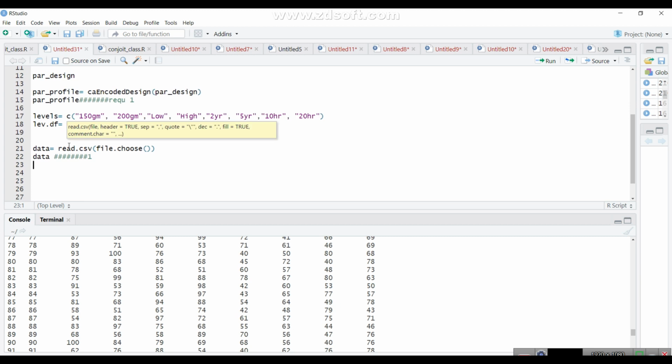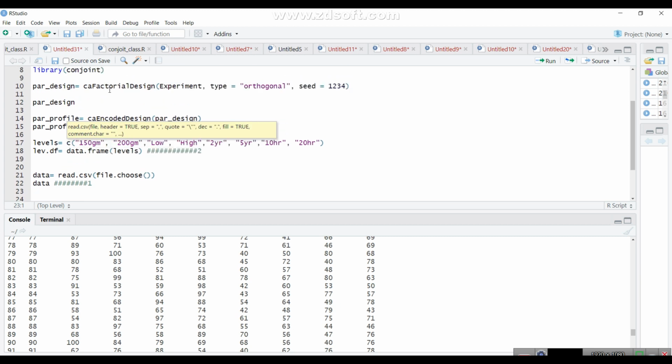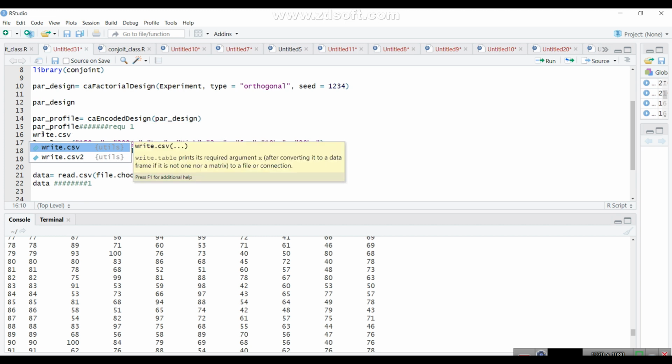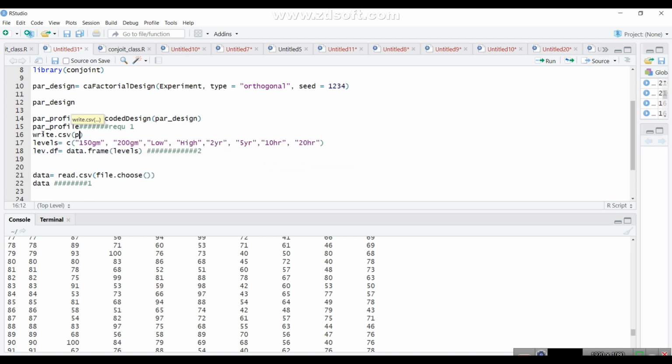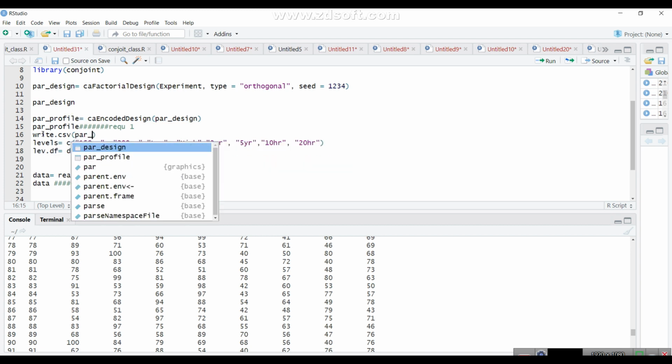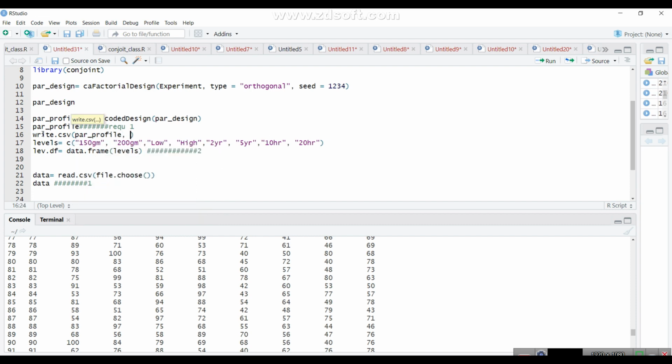And secondly, if I want to export these objects, I can do that too. I can put in write.csv, and let's say I want to put this object into a CSV file, profile.csv.